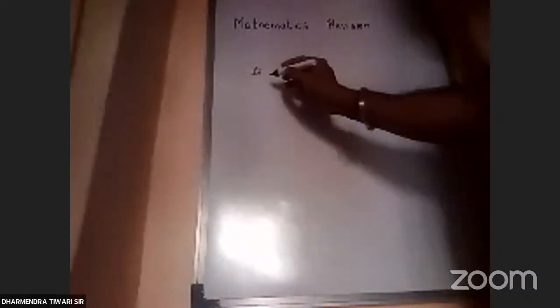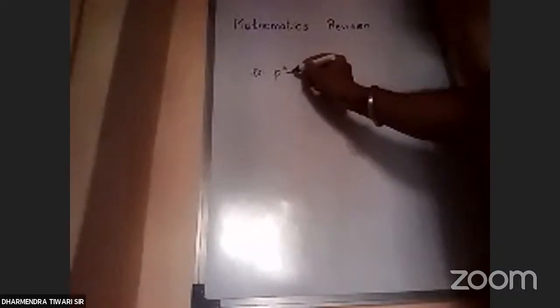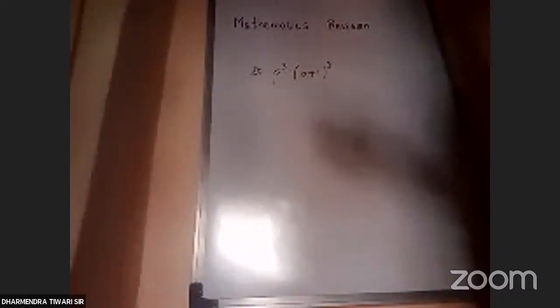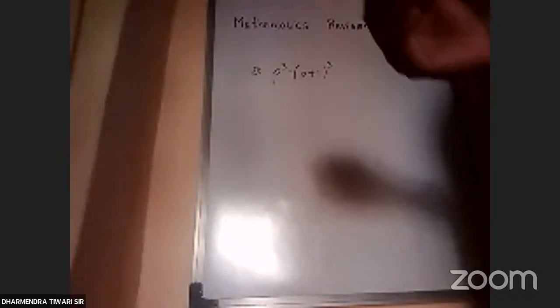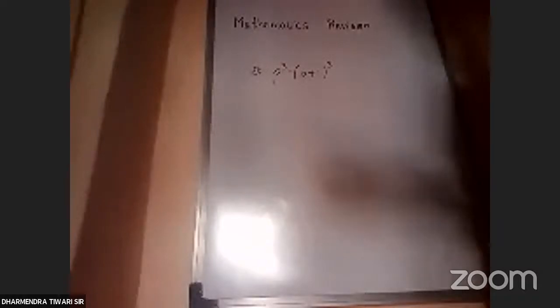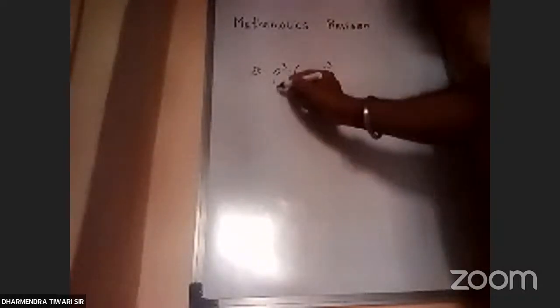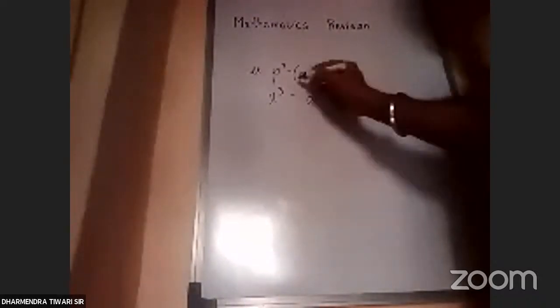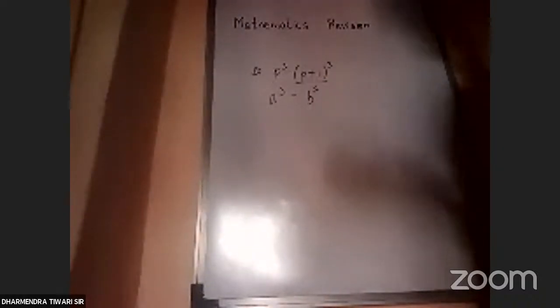So we're having p cube minus p plus 1 the whole cube. Now we can deal with this type of problem in two ways. You can consider it as a cube minus b cube, or you can just apply the formula for this and cancel the remaining term. I will show you both the methods.